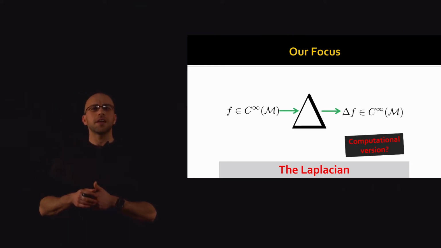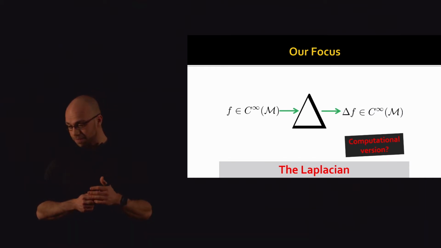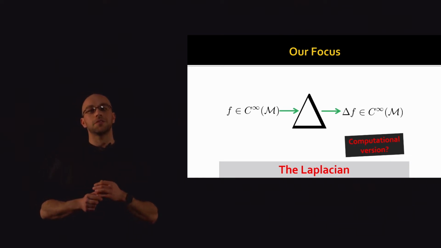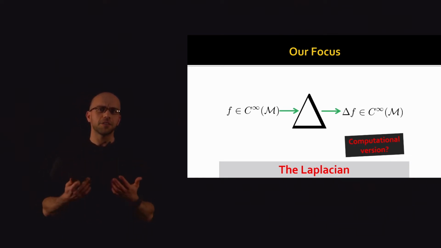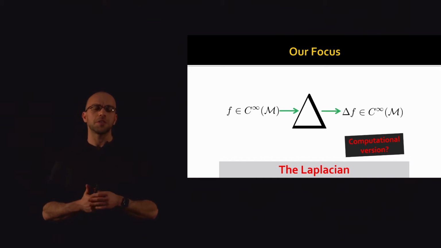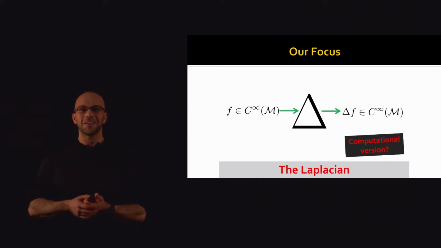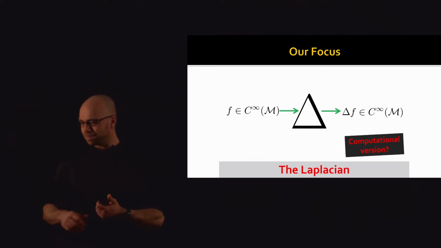Now we're going to see if we can use some of the approximations we've had of curved domains from previous lectures and essentially combine them with an approximation of the Laplacian. Now, there are so many different ways to do that. We're going to cover one particular strategy today, and then in later lectures of this course, we'll see some other approaches that sometimes even lead to the same formula for the Laplacian, but they're motivated in a very different fashion.